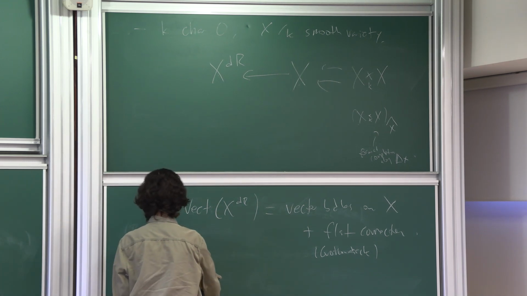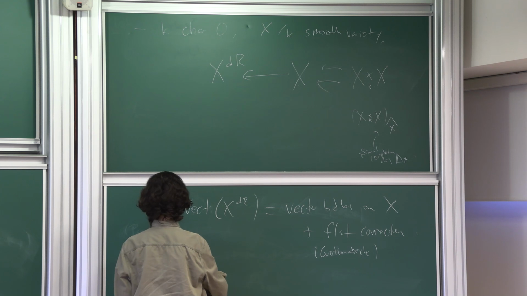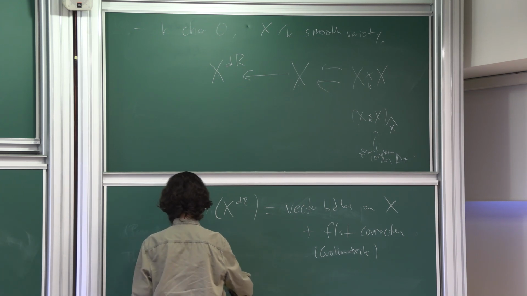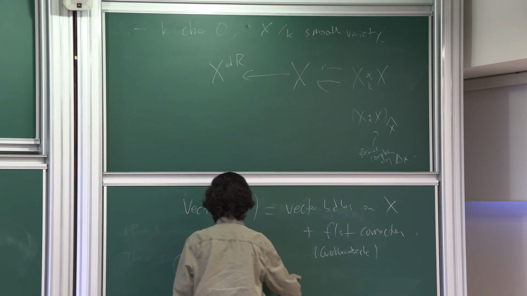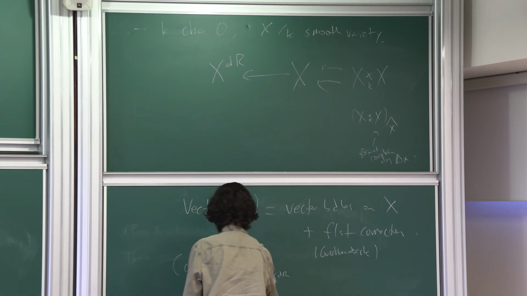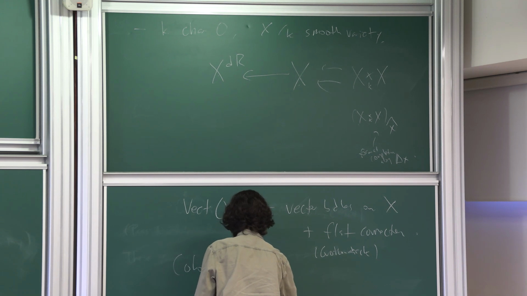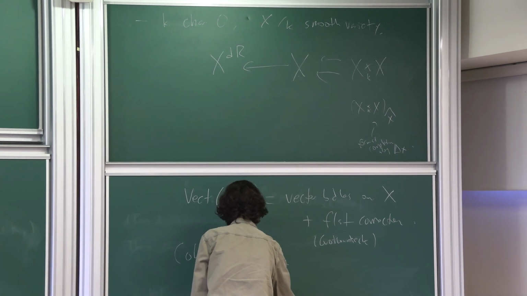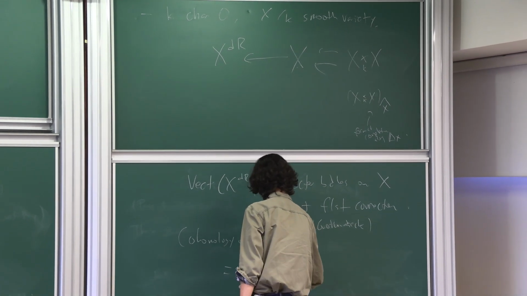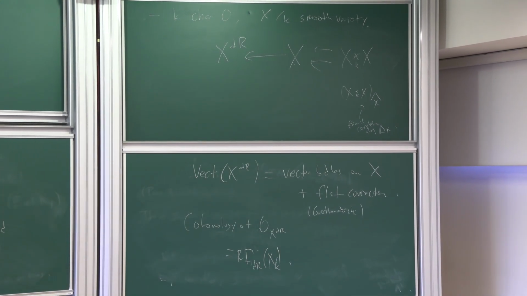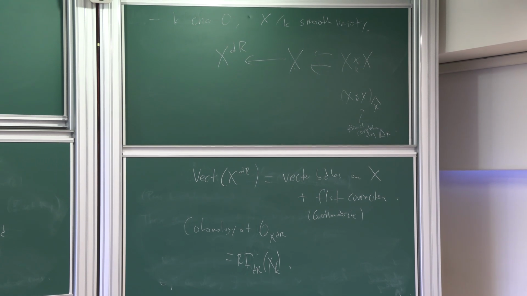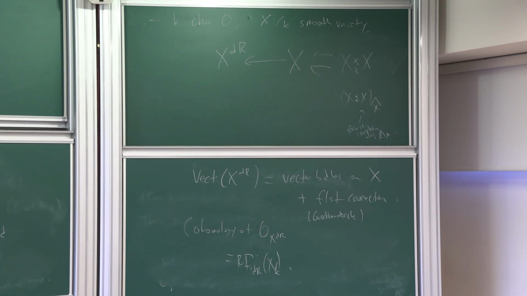And then there's also cohomology of the structure sheaf. This is de Rham cohomology, R gamma de Rham, X over K, which is the natural notion of cohomology in the world of vector bundles with flat connection.